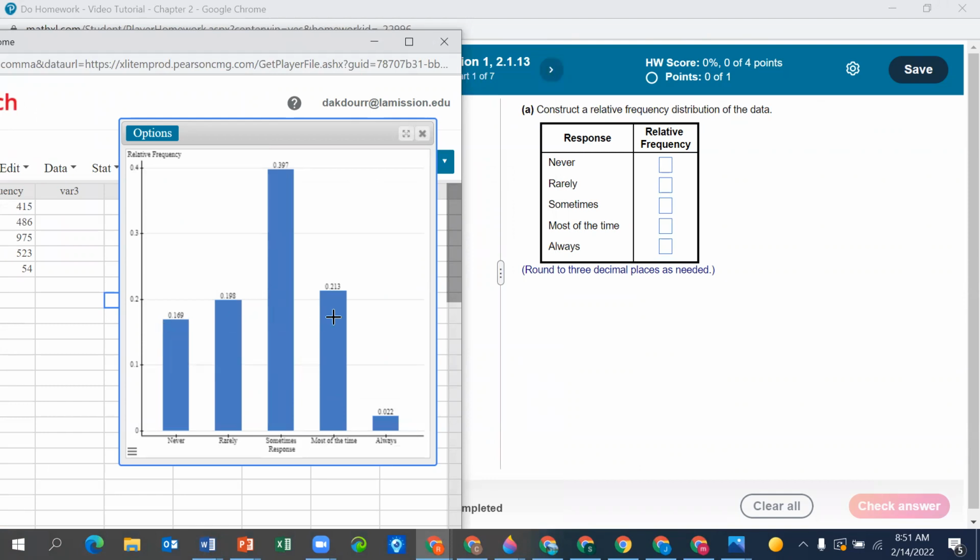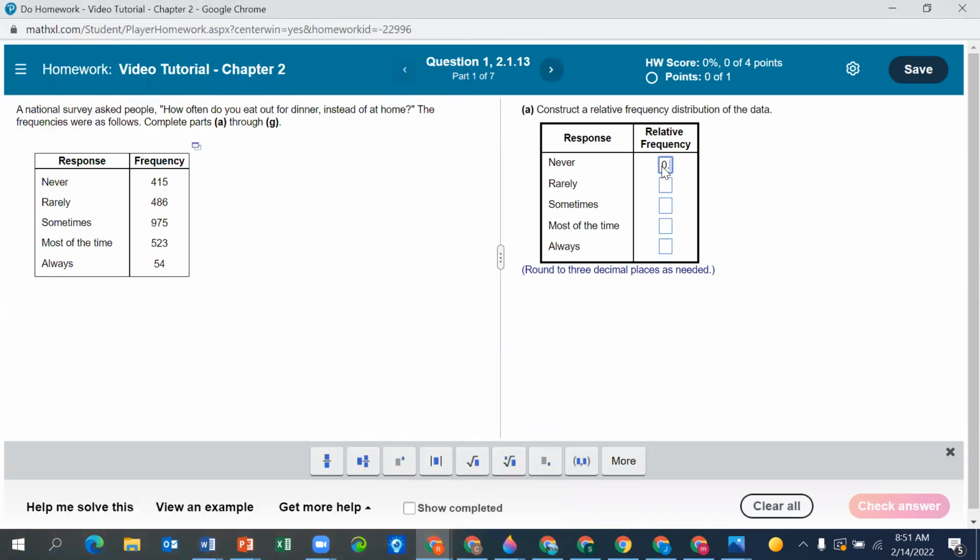I have 0.169, 0.169, 0.198, sometimes 0.397. Again, different students are going to have different problems, different answers.